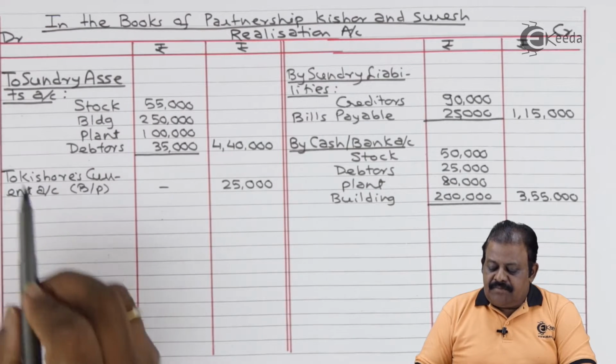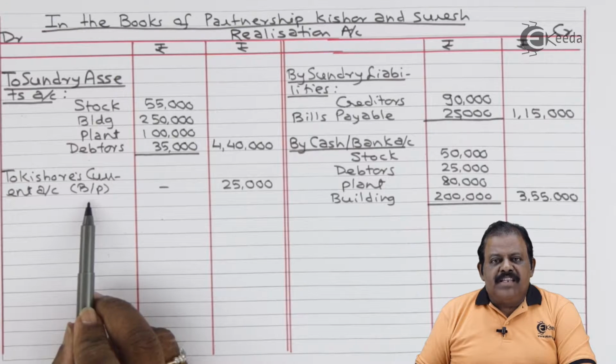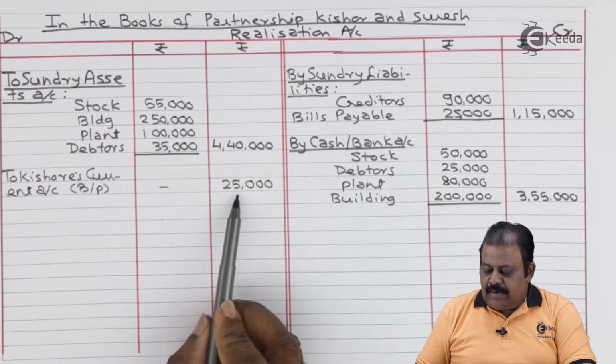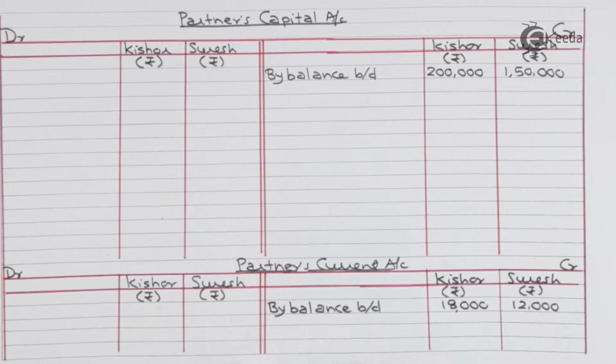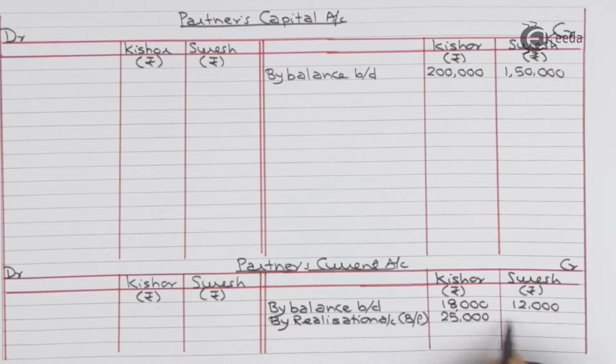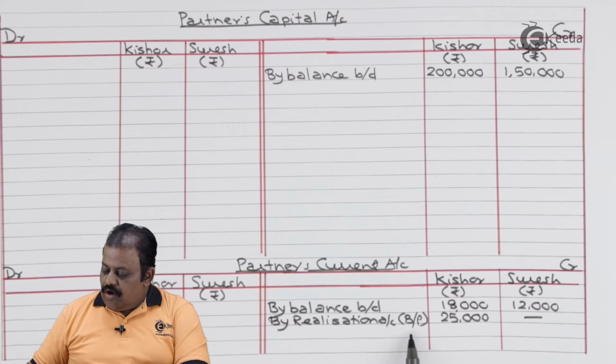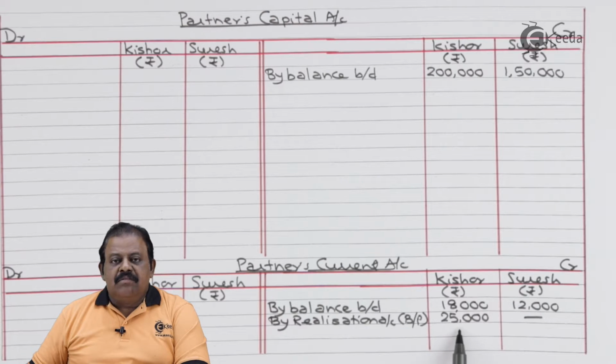Realization account debit to Kishore's current account for bills payable taken over, 25,000. Partners current account credit side, by realization account Kishore's for bills payable taken over, 25,000.